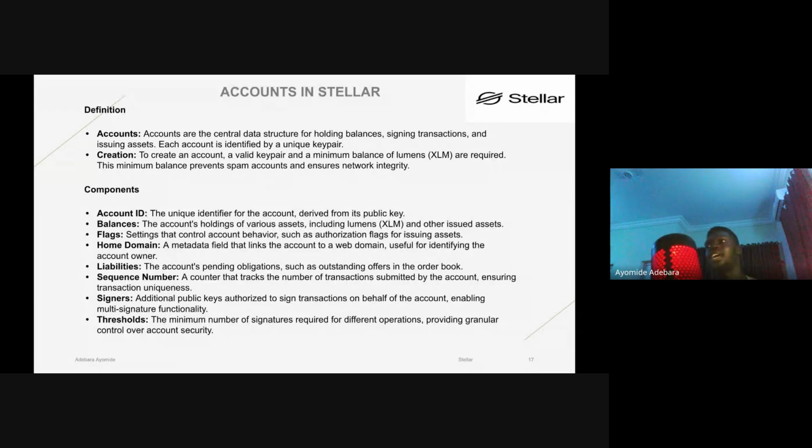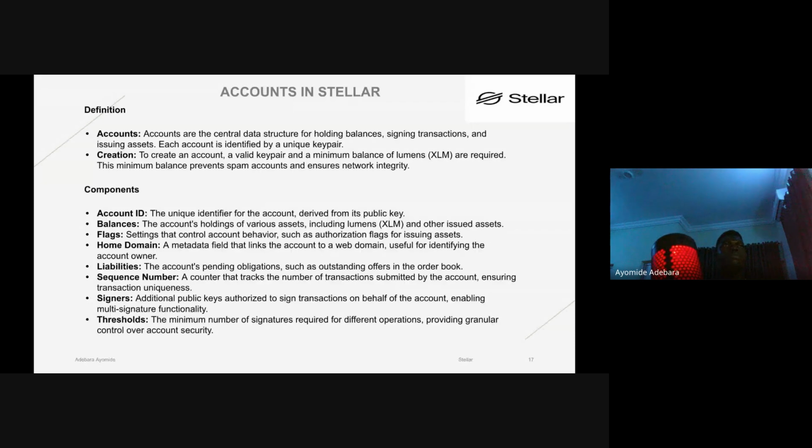So that's basically that on private keys and accounts. Creation. To create an account, a valid key pair and a minimum balance of lumens are required. The minimum balance prevents spam accounts and ensures network integrity. So that's what you need to create a key pair.